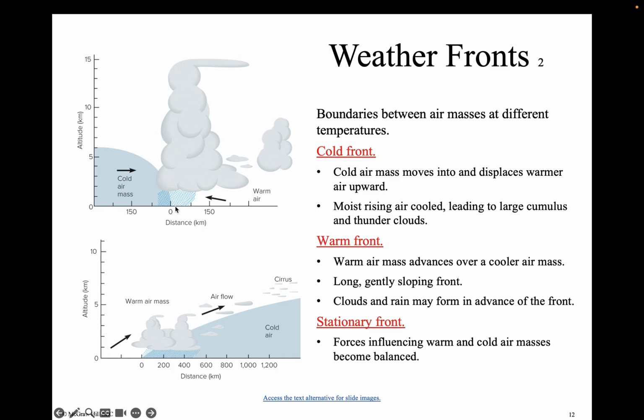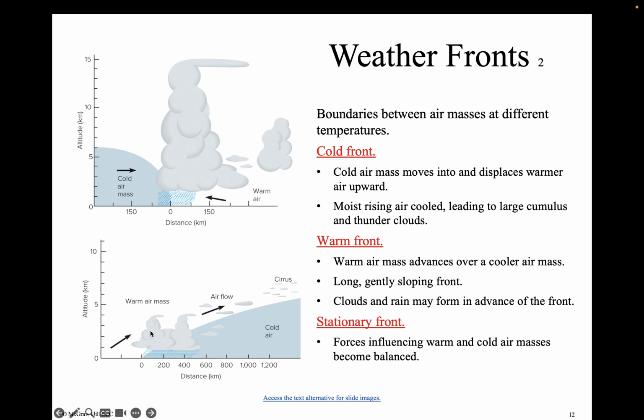Okay, here in the warm front you have the cold air here, but then you have the warm air mass advancing over the cooler air mass, forming this longer slope. Okay, less bubbly like, less circle like, and more straight like type of slope.